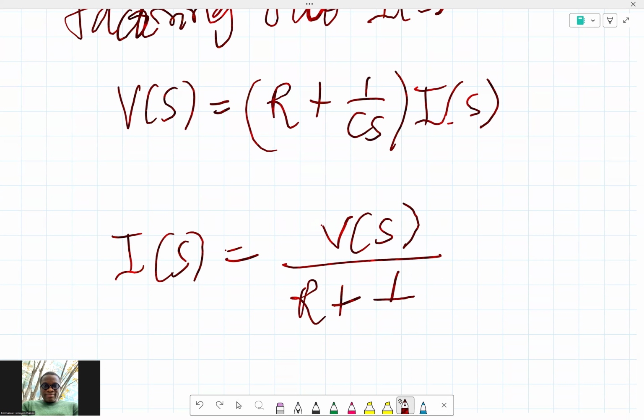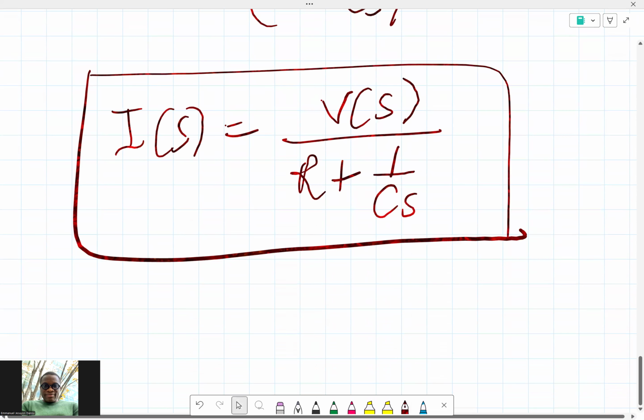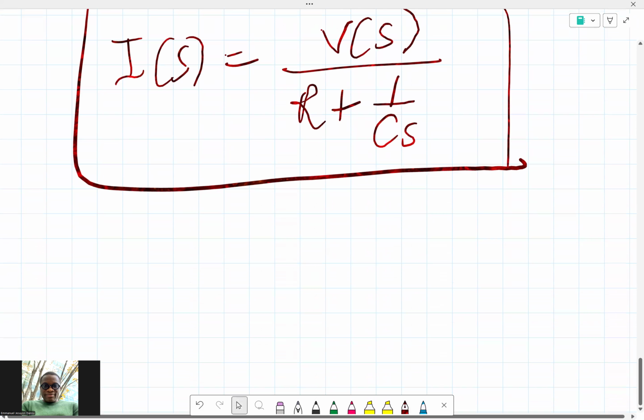That's in the s domain, where everything is now algebra. So we can find the current this way, and we can also find V of s as long as we have the information we need.